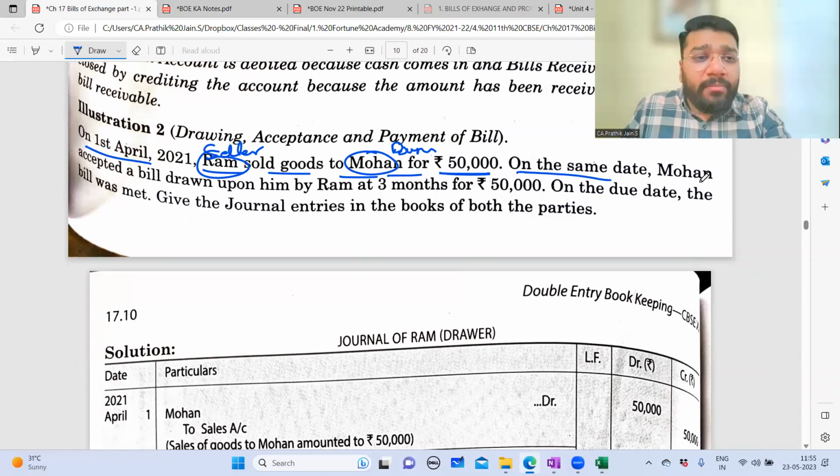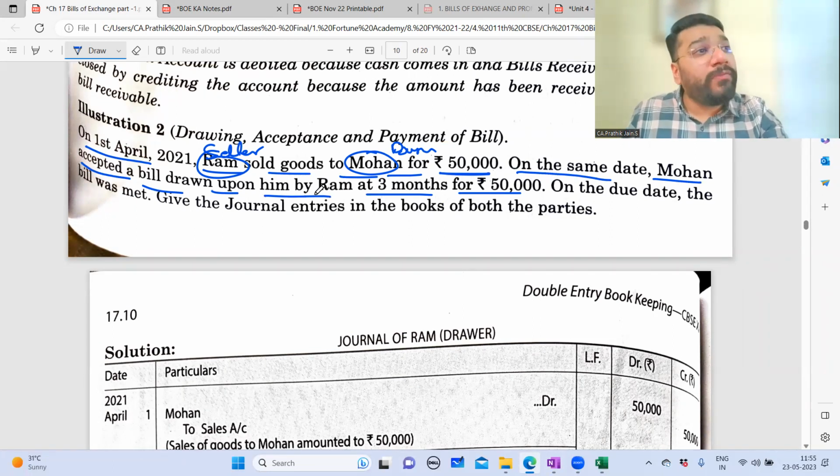On the same day, Mohan accepted a bill drawn upon him by Ram at 3 months for 50,000 rupees. Now, people, there's a bill that has been drawn upon him by Ram. So who is the drawer of the bill? Ram. So is this a question of bill or promissory note? It's a bill of exchange. And the term period is 3 months. Amount is 50,000.